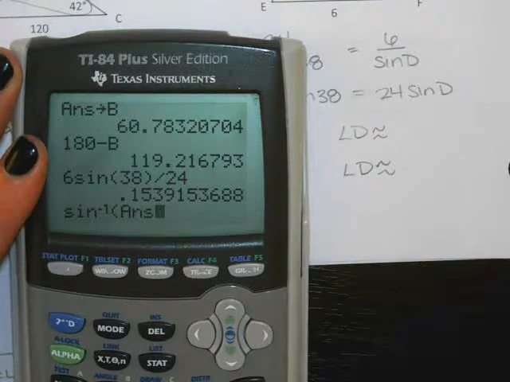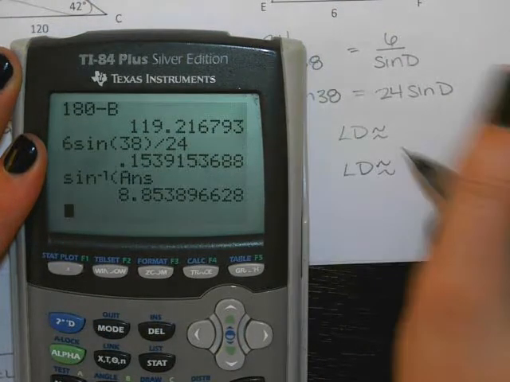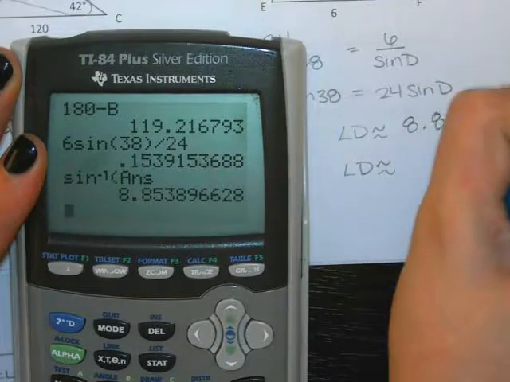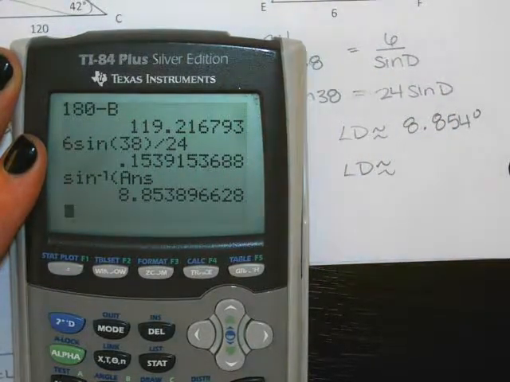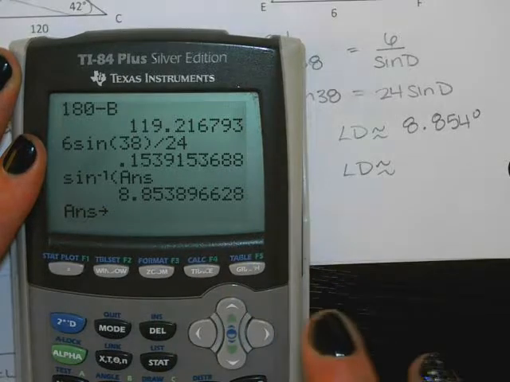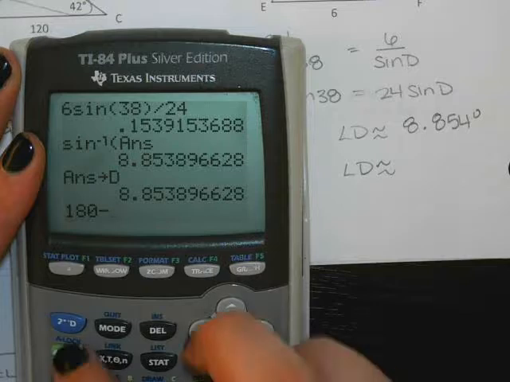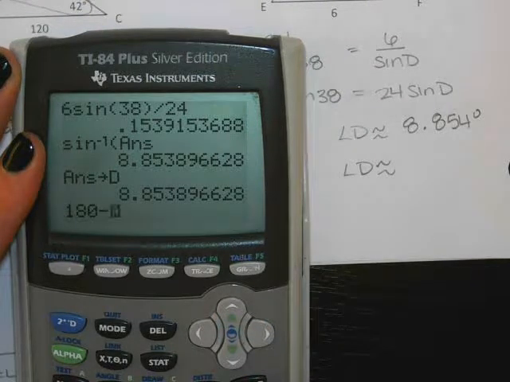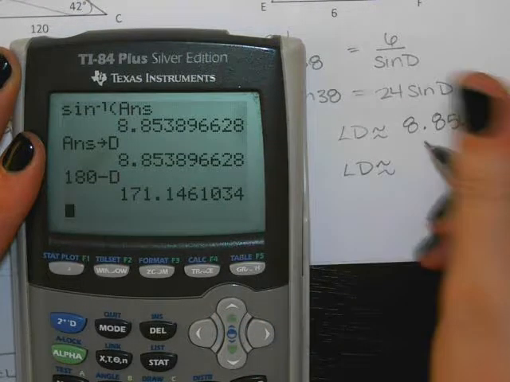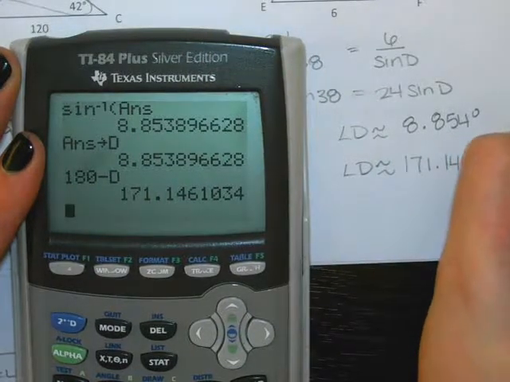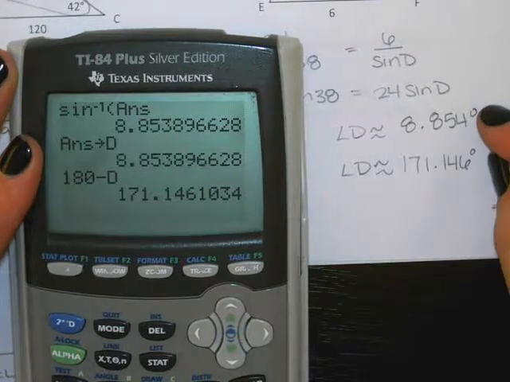And sine inverse tells me that angle D could be 8.854 degrees. And then what is the second angle you could have? 171.146.